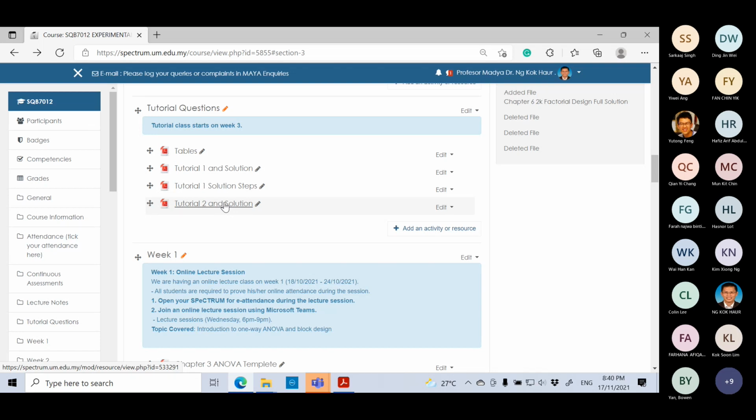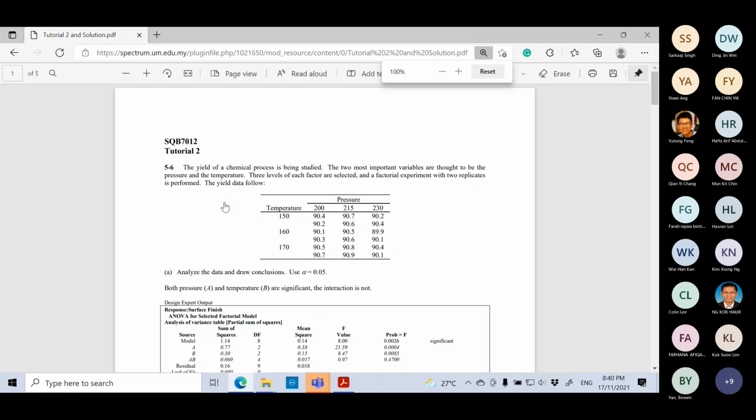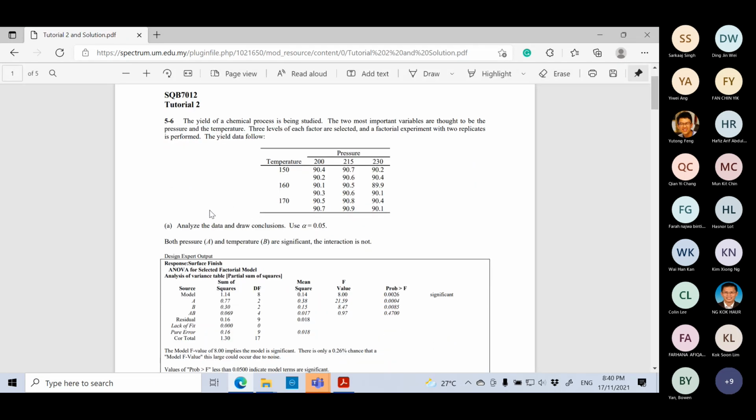I need to let you know that in tutorial 2, I have a question that comes from the factorial analysis, so make sure that you're familiar with the factorial analysis. Because for your information, the test for this course will be very standard.